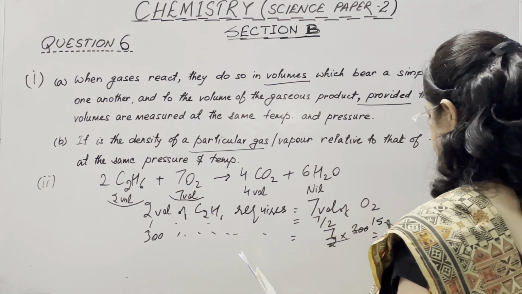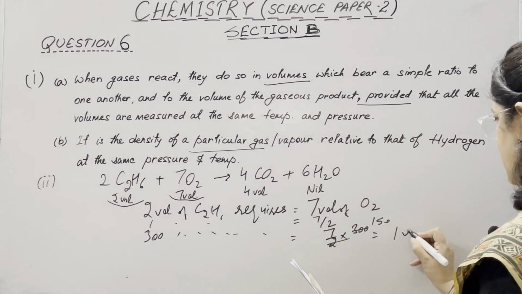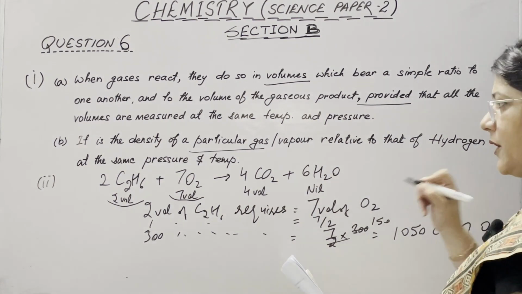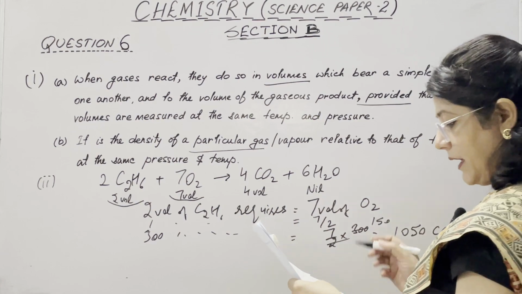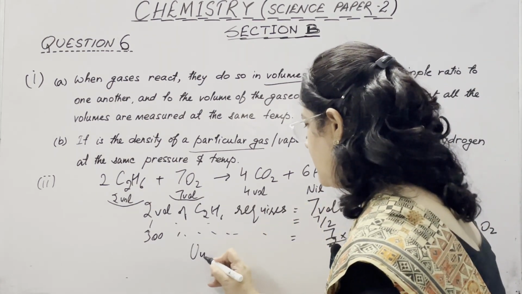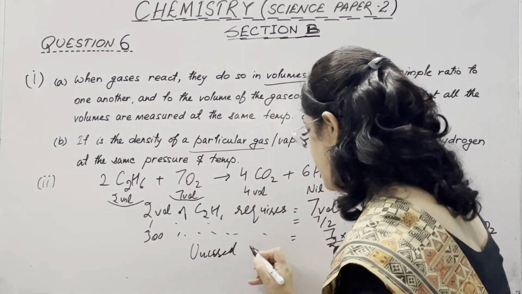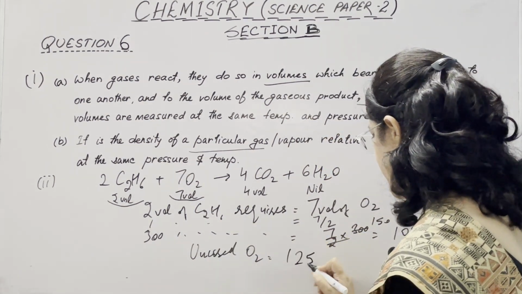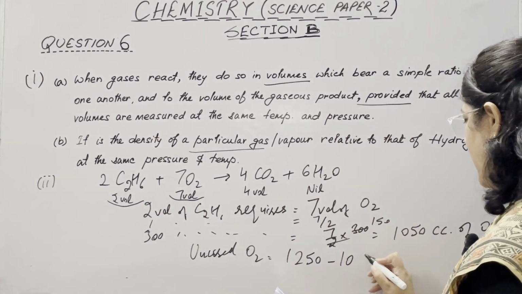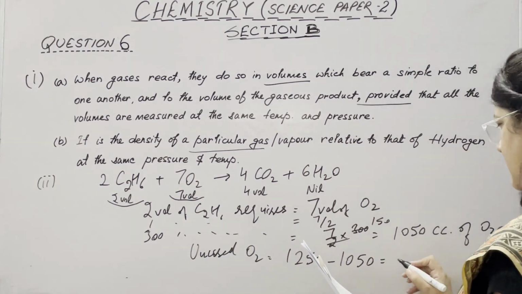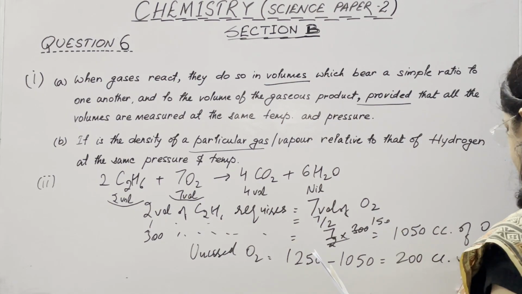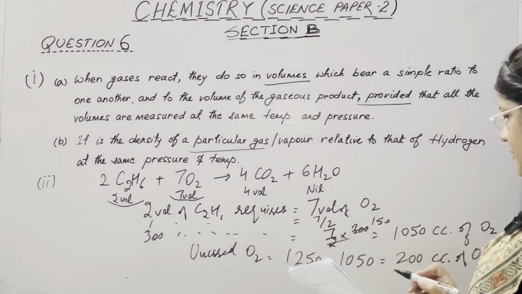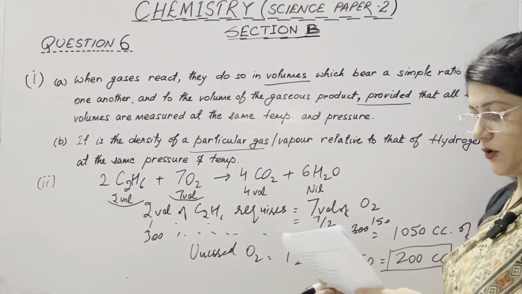It means 150 multiplied by 7, 1050 cubic centimeter of oxygen is required. Given oxygen is 1200 cubic centimeter, and we require only 1050. So unused oxygen is 200 cubic centimeter. So answer is 200 cubic centimeter of oxygen.